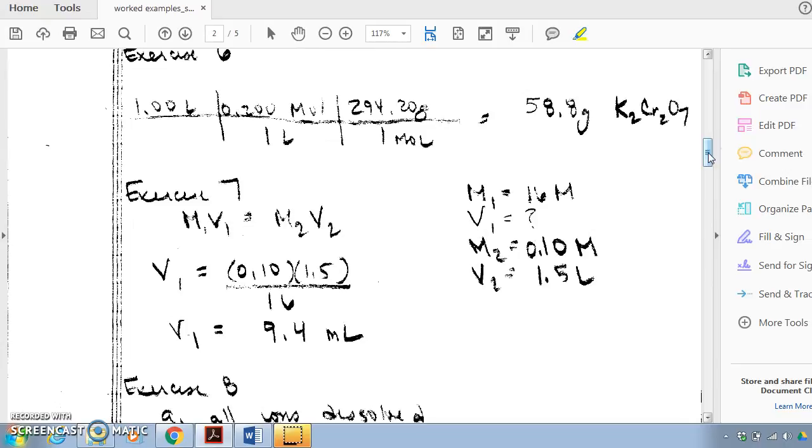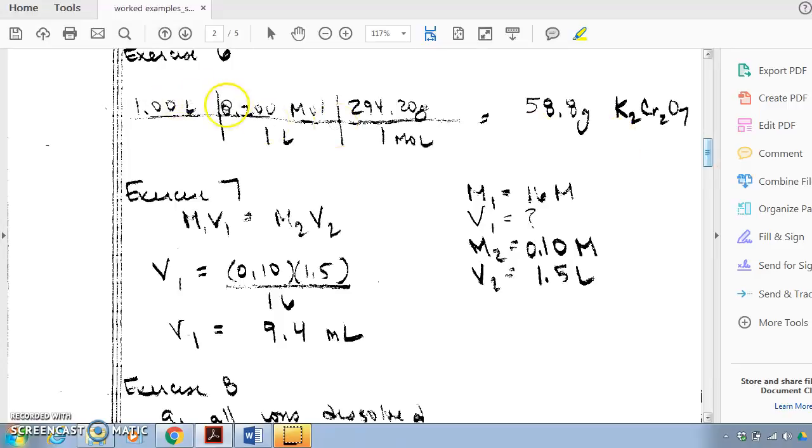Exercise 6 relates directly to what I was talking about in terms of preparing for the lab and creating that stock solution. If I know the desired volume and the desired molarity of a particular solution that I want to prepare, then I can use those things to find the number of moles that I need of the solute, and then of course use the molar mass to figure out how many grams of that solid solute I need to weigh out and dissolve in the particular size of volumetric flask to make my desired molarity.